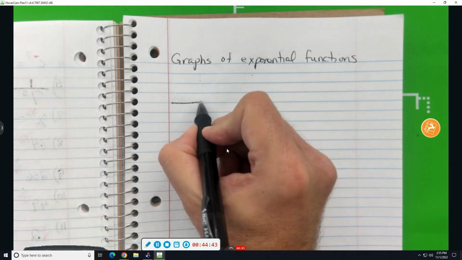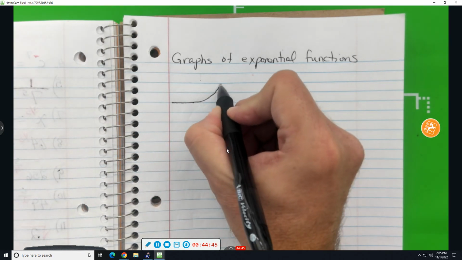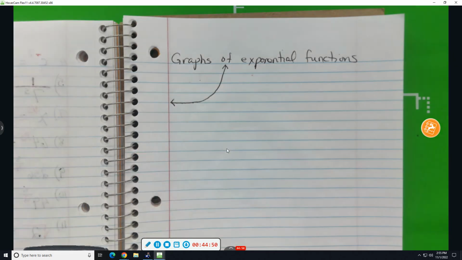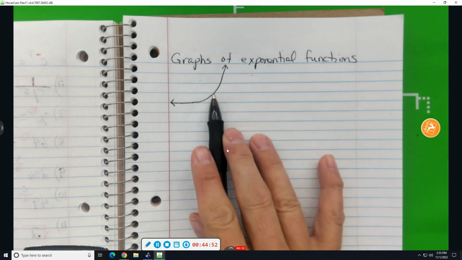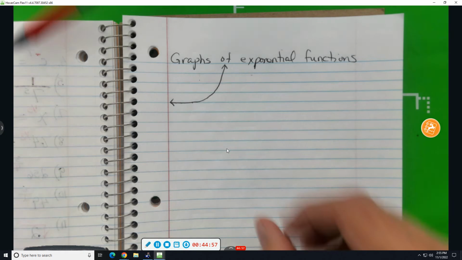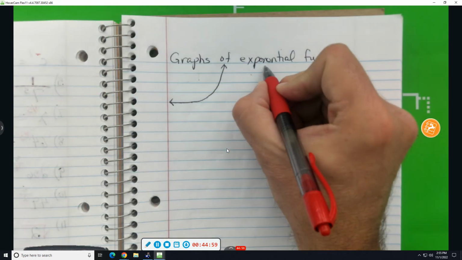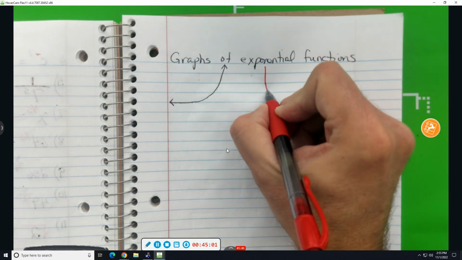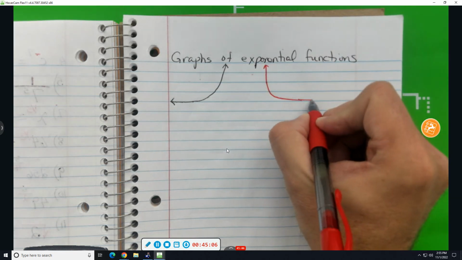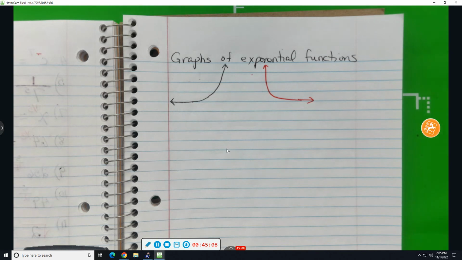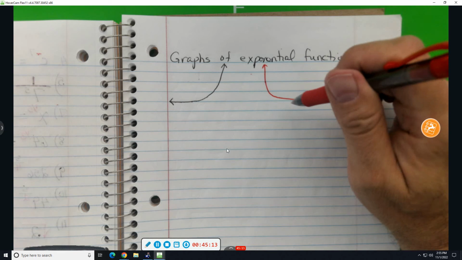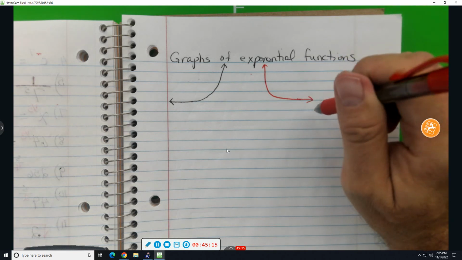One end looks horizontal. The other side starts going up real fast. So an exponential function might look like this, or it could be like this. It's a smooth curve, no peaks or valleys. One end looks like it's going straight up, and one end looks like it's flattening out.